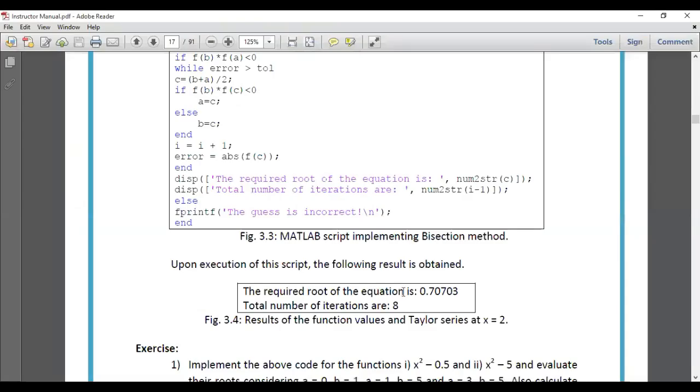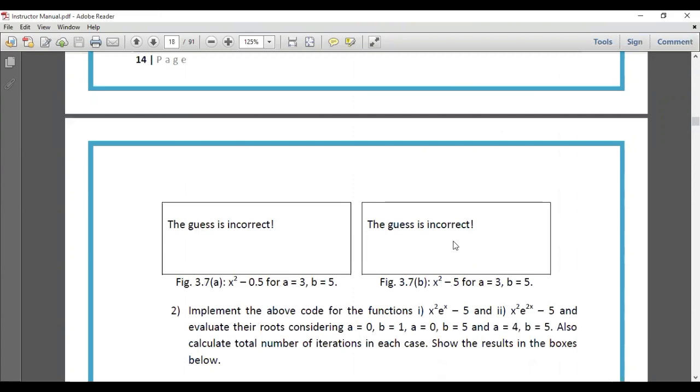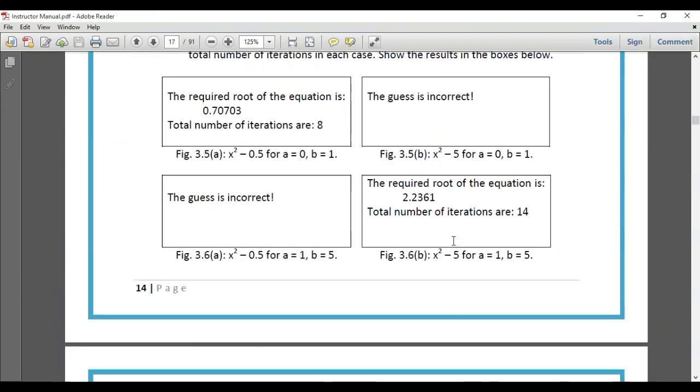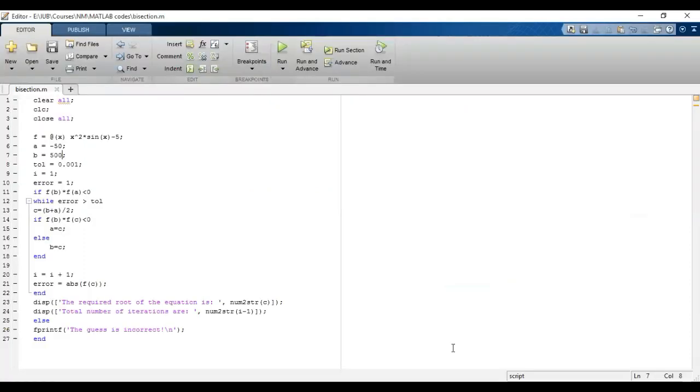So we can do more exercises, and we can find out the roots of several equations. So if I consider this function x square exponent x minus 5, I have already tried this function. Now I will try x square exponent 2x minus 5. So it will become exponent 2x minus 5.